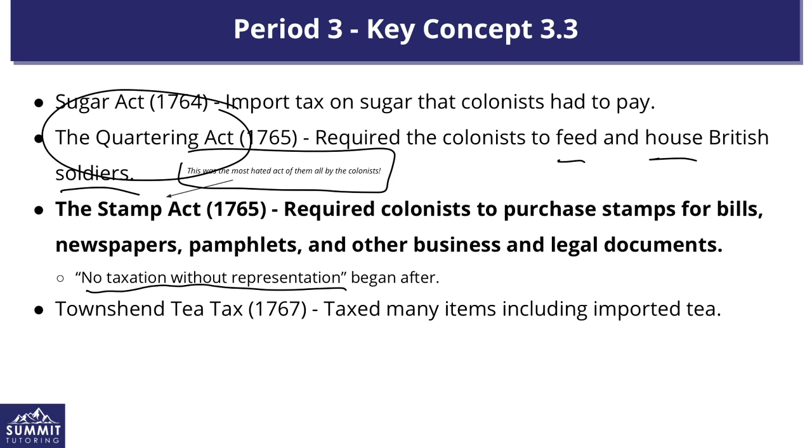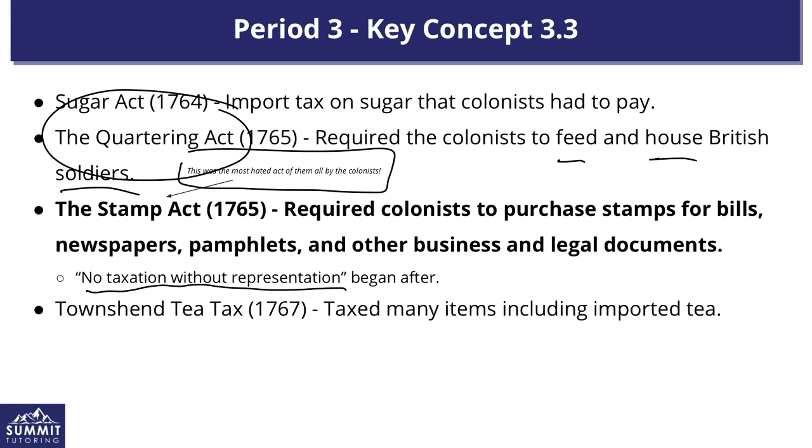At this point, they realized that they were being so heavily taxed by the British and were being given nothing in return. They didn't feel that the protection from the British was enough. They thought, hey, we're being taxed in so many ways right now, and we have no say in how our government's run.